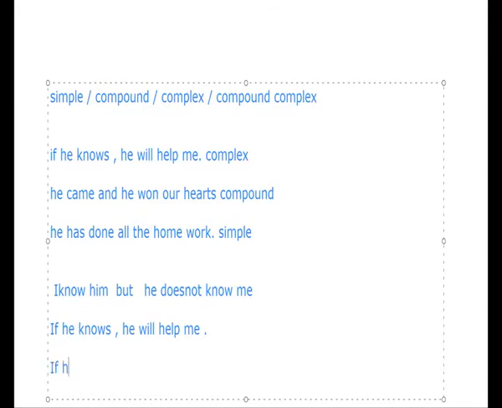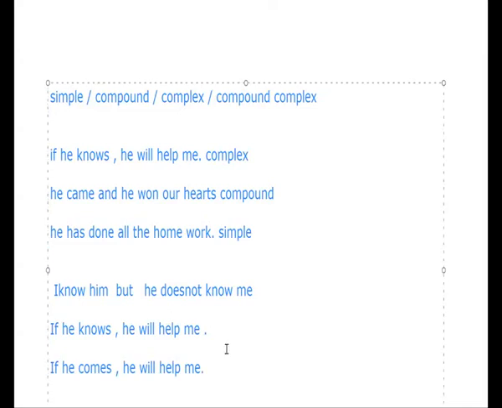If he comes, he will help me. I have two complex sentences. Now I want to join these two into one. So I will see what is common wording here. See here what I'm going to do.